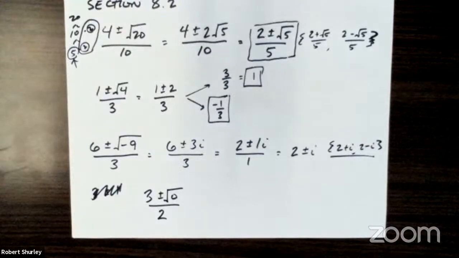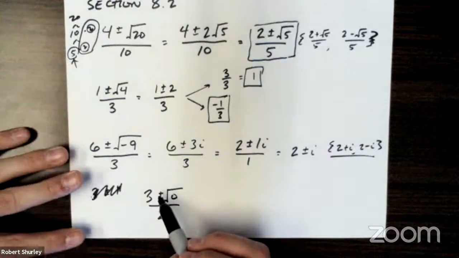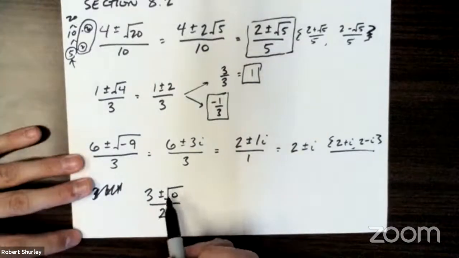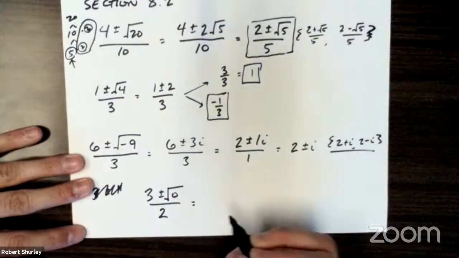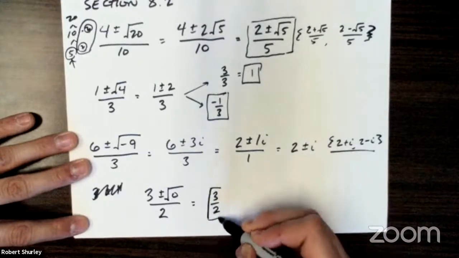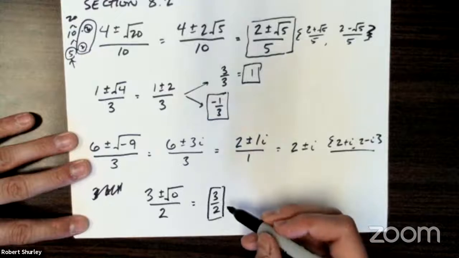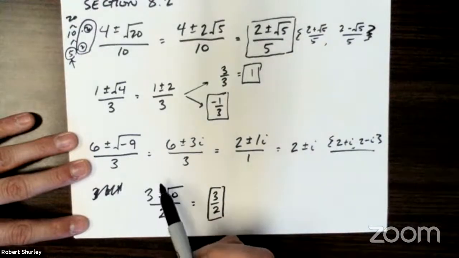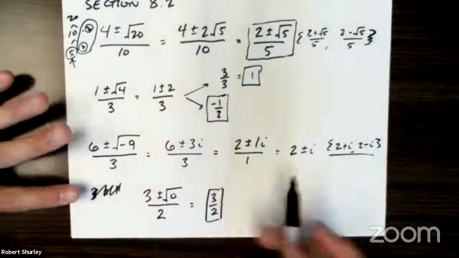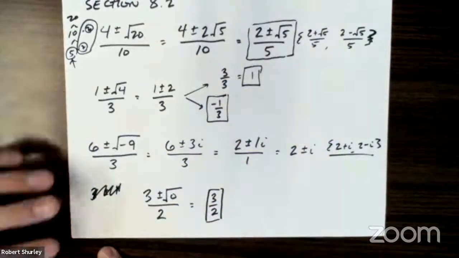Well, look, the square root of 0 is just 0, right? If you add or subtract 0, you wind up with the same number. So this actually winds up with 1 solution. What really happens is you have a repeated solution. You actually have 2 answers because of the plus or minus 0. You have 3 halves twice, but we're just going to write it as 1 solution, okay?